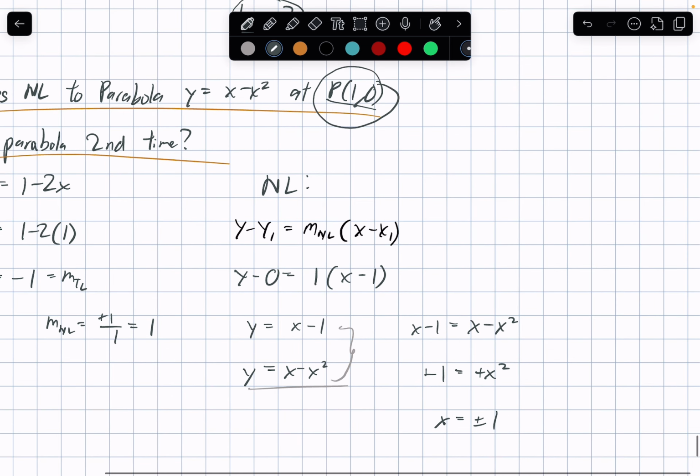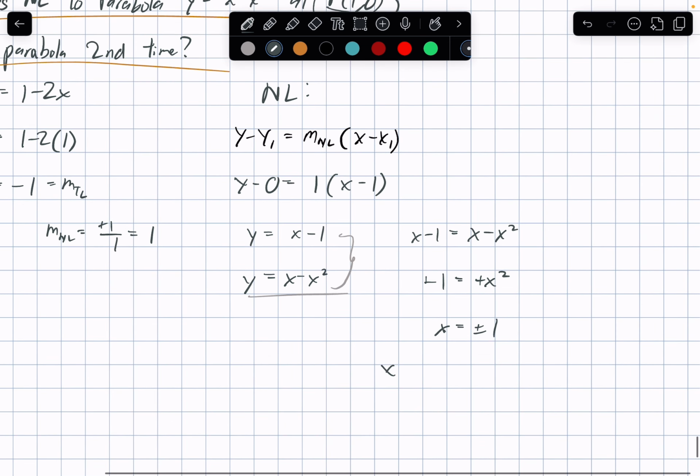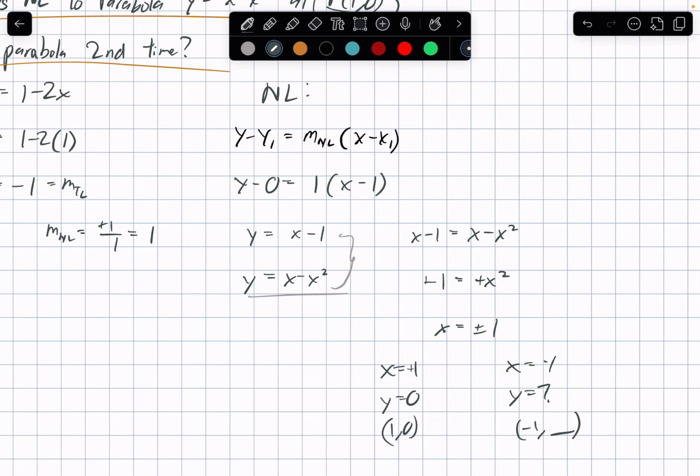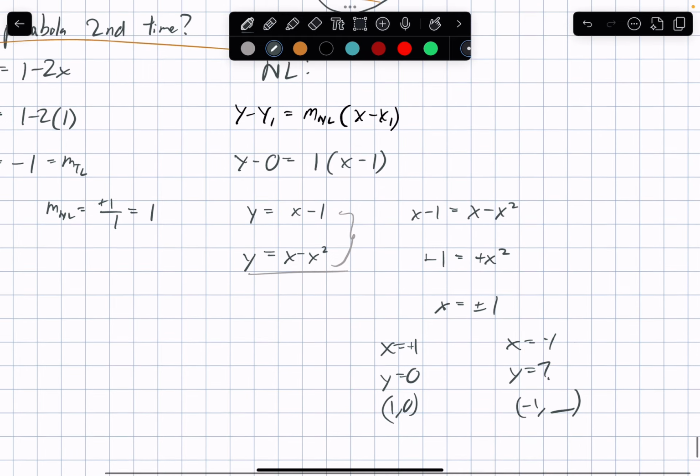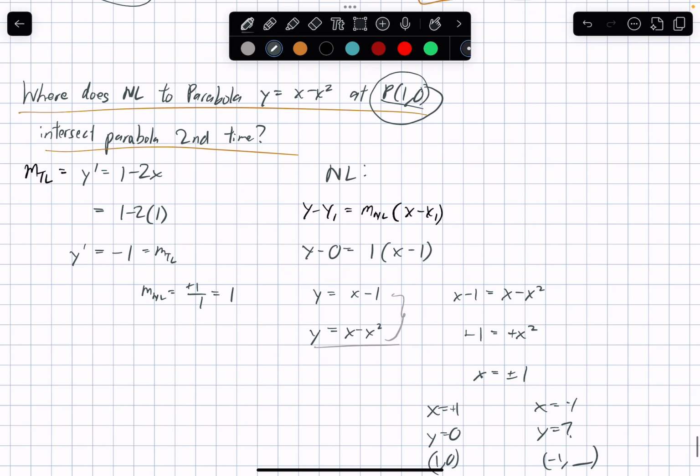So clearly, since we're given the point 1, 0, if x is equal to positive 1, then y is 0. That's why we have 1, 0. What if x is equal to negative 1? Y is equal to what? So negative 1 and what value? How do we identify that? I believe you can use the parabola equation itself.